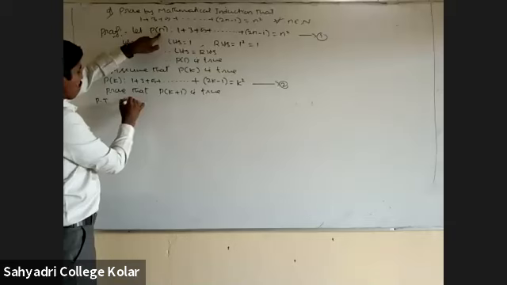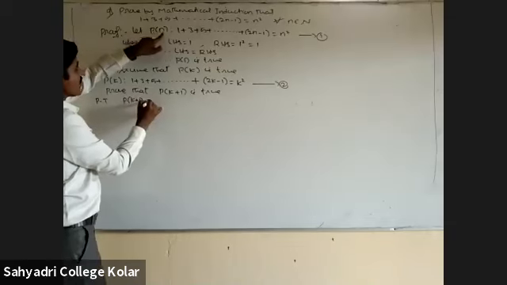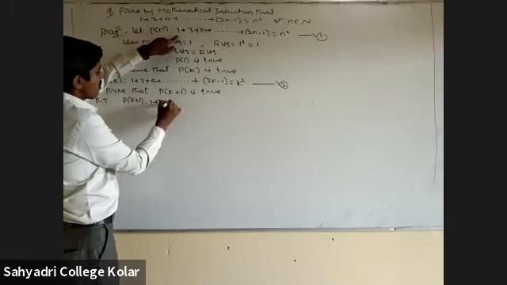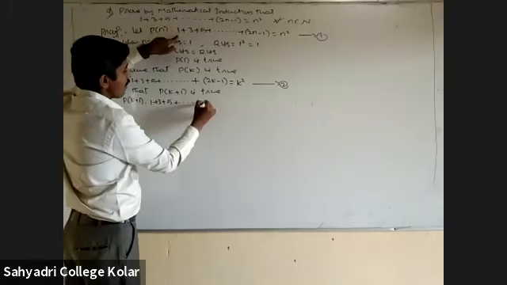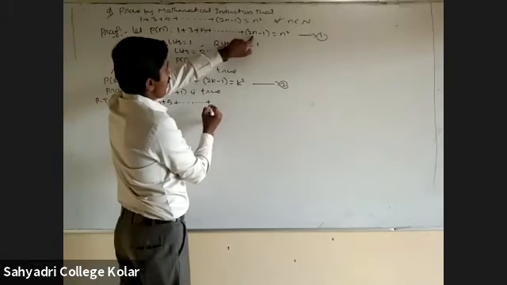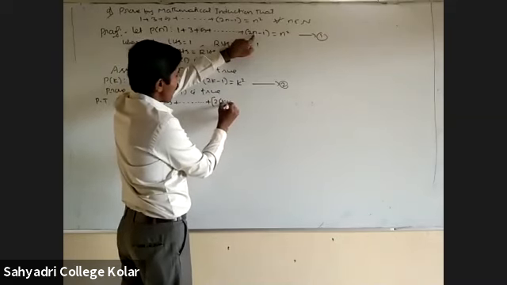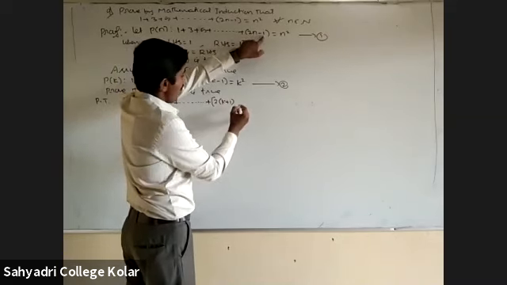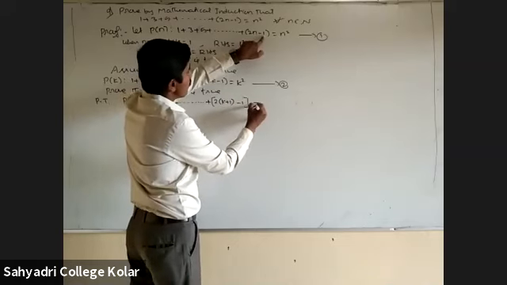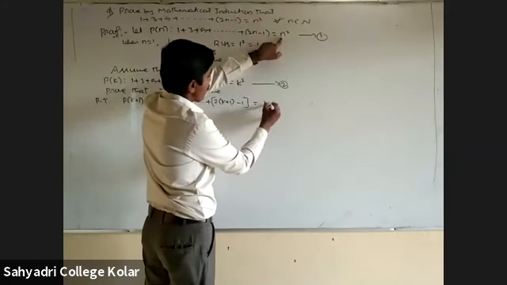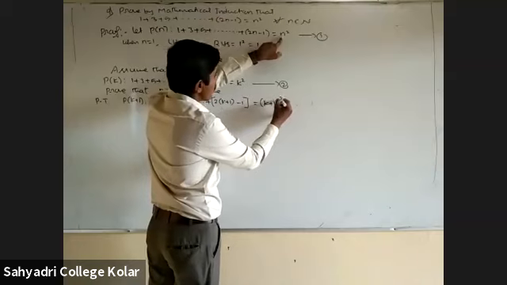P of k plus 1 stands for 1 plus 3 plus 5 plus so on plus, substituting n is equal to k plus 1, 2 into k plus 1 minus 1, is equal to RHS, k plus 1 whole square.